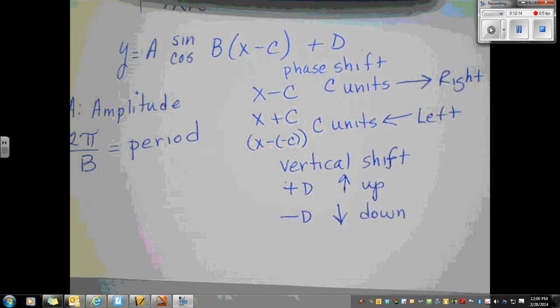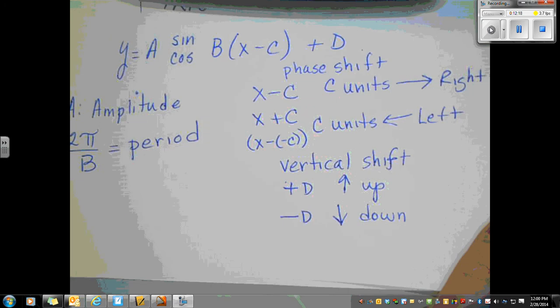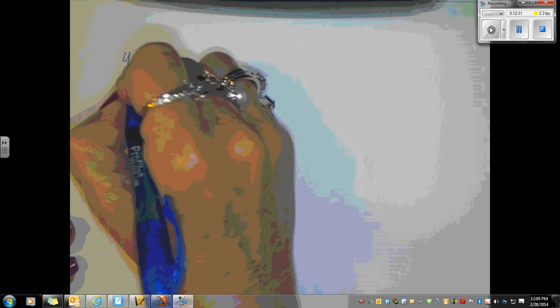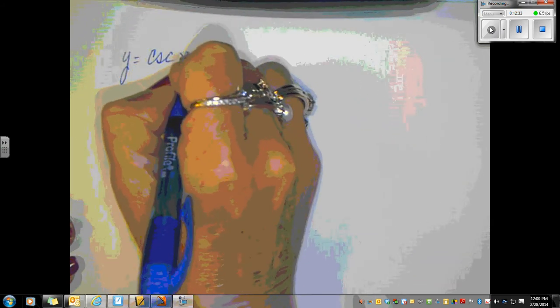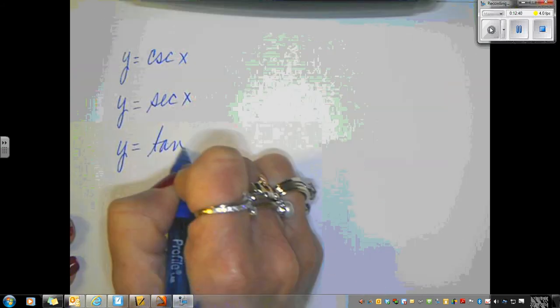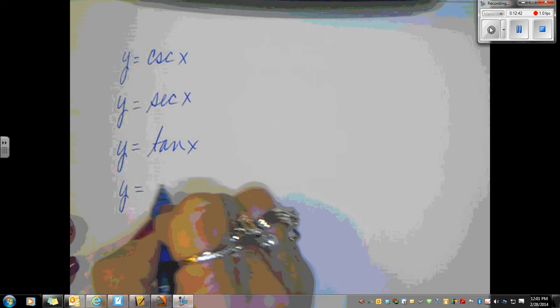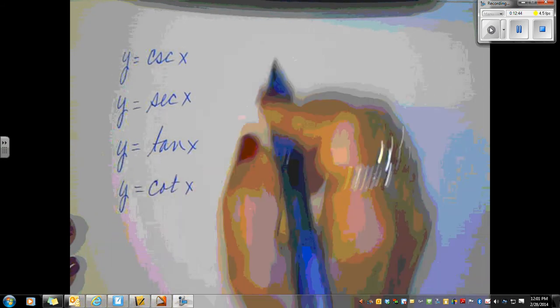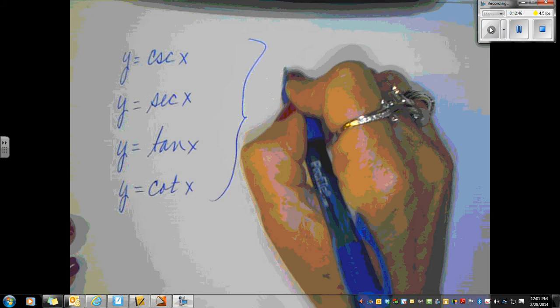Now, let's talk about the others. What about y equals cosecant x, y equals secant x, y equals tan x, y equals cotangent x? First thing, no amplitude.